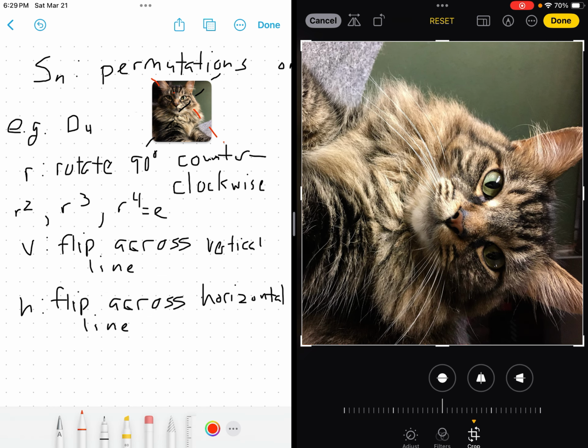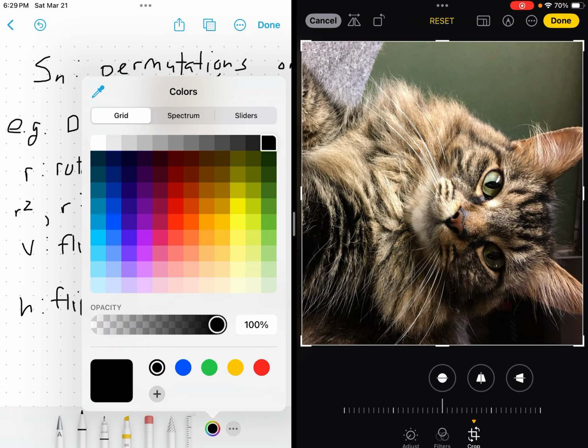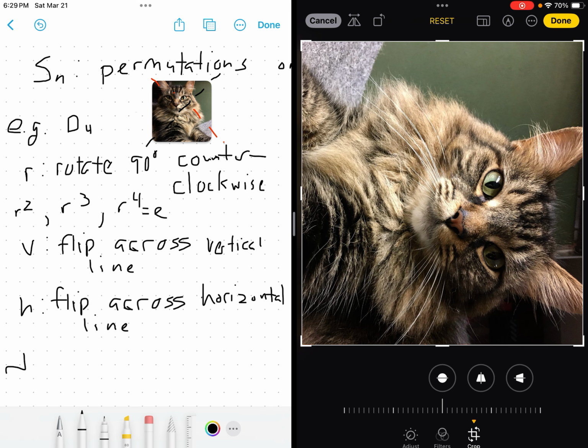So let me go back to my usual writing color. D is going to be a flip across the main diagonal.